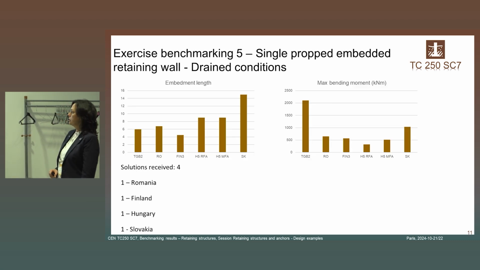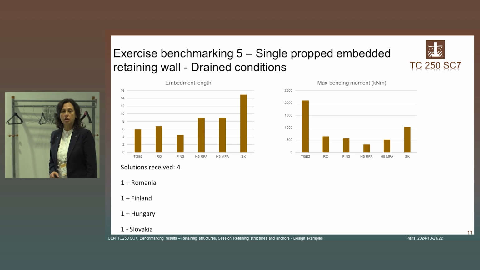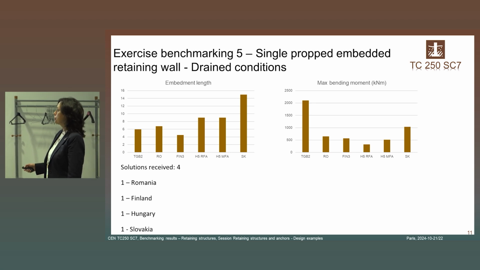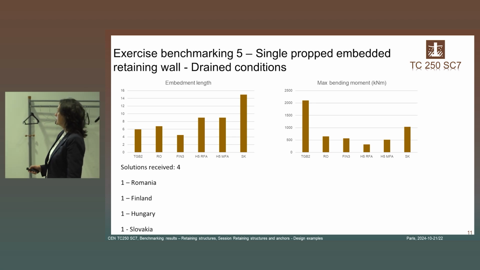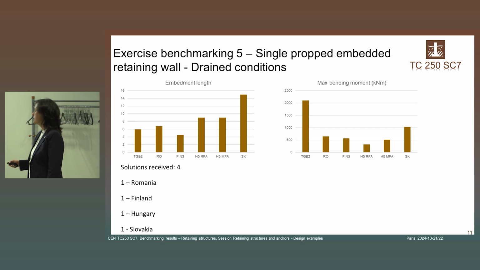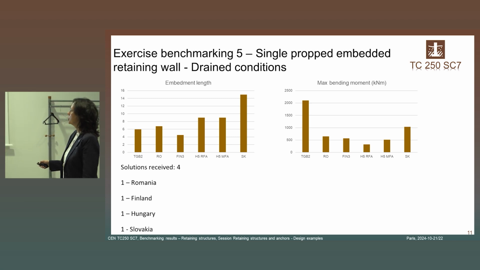And here are the results that we got from the 4 solutions received, one from Romania, one from Finland, one from Hungary, and one from Slovakia. And here, it's not a reference value, it's just the solution given by one member of TGB2. We will not take this as a reference, but this is almost 6 meters.